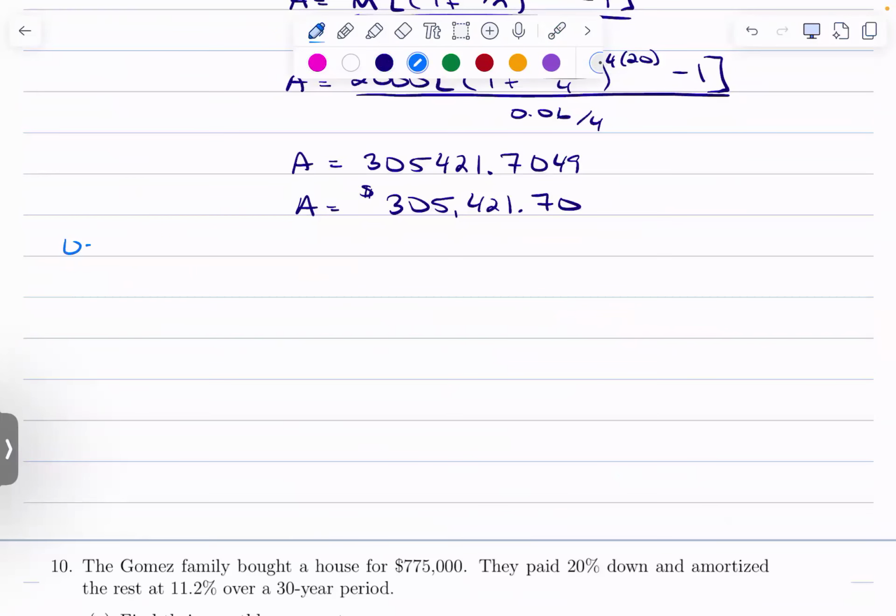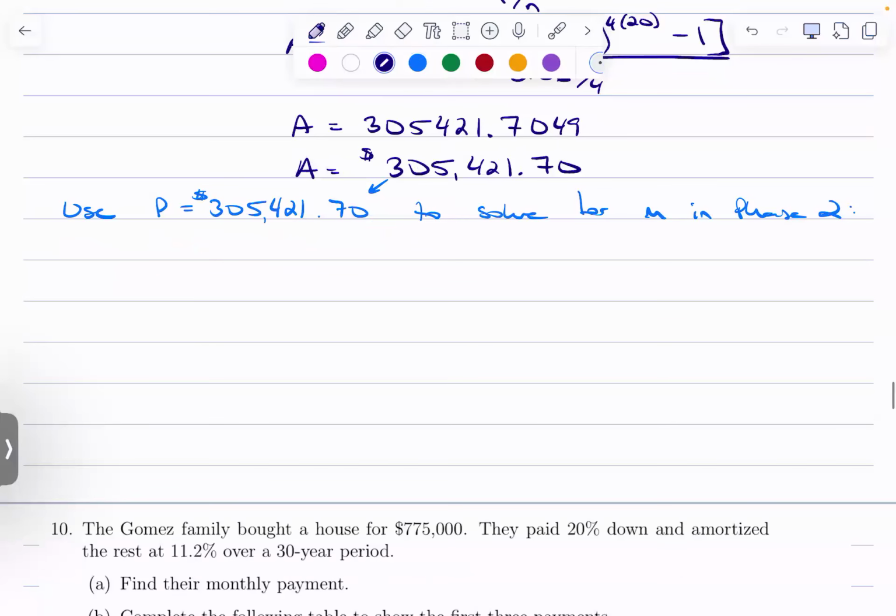So now use P equal to 305,421.70, right? Which is from there, to solve for M in phase 2. Now I have a P, which means I have to use that biggest formula.